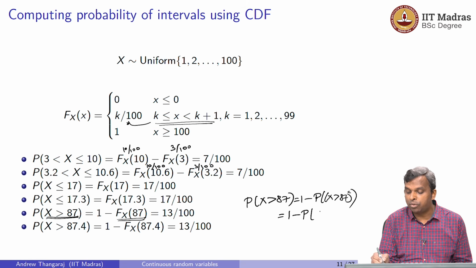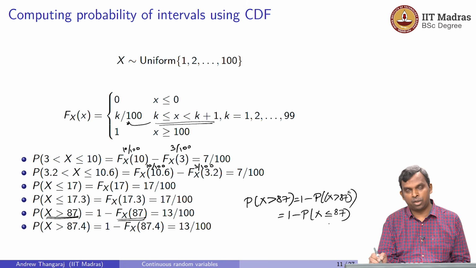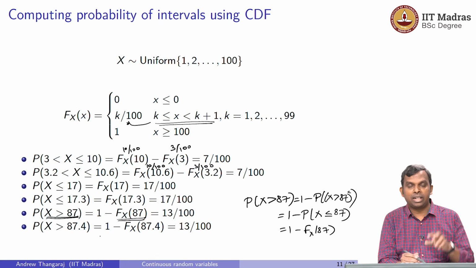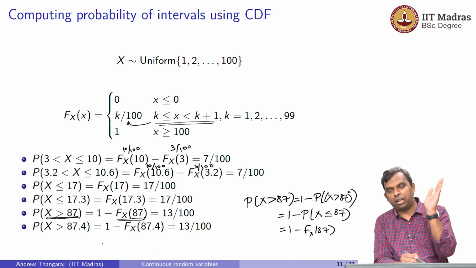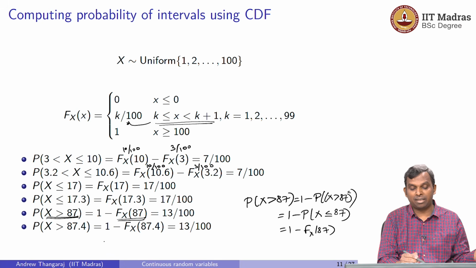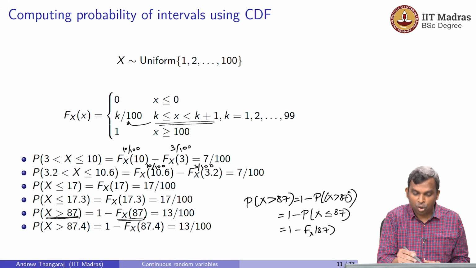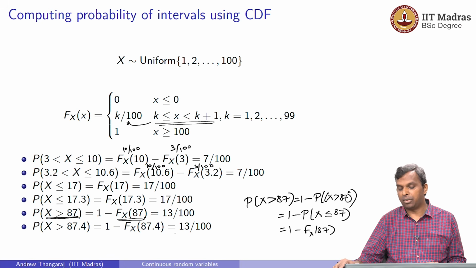What is the complement of that? X being less than or equal to 87. X greater than 87 complement is X less than or equal to 87, and now we are ready to write it as F_X of 87. So any interval, even if it is not within 2 points, it's only X greater than 87 or X less than 17, you can compute all of those using the CDF.